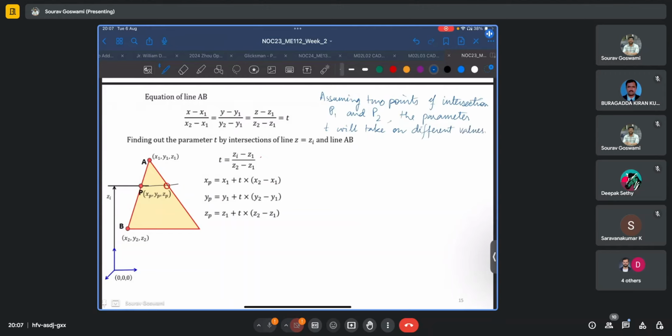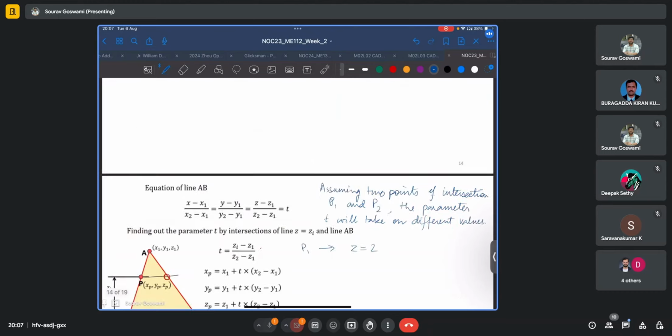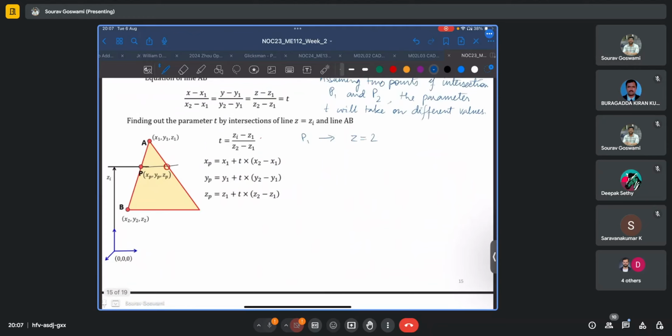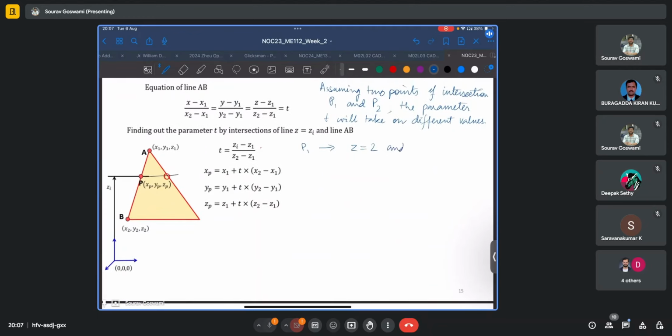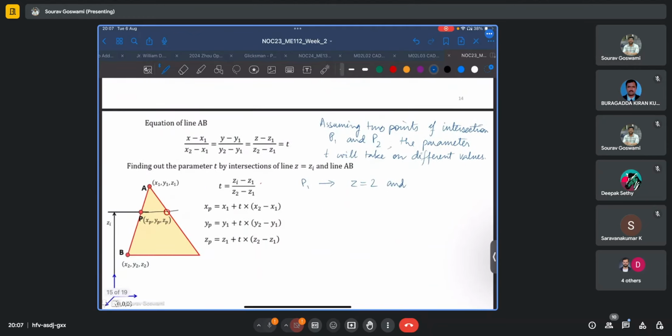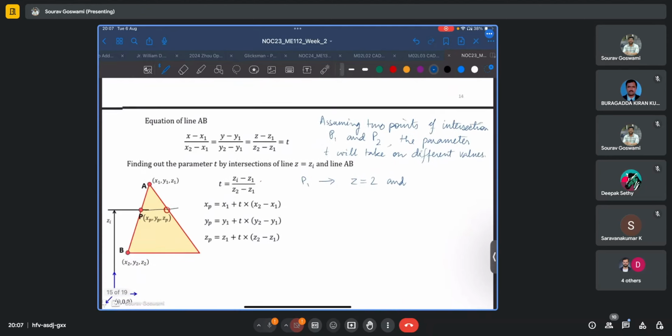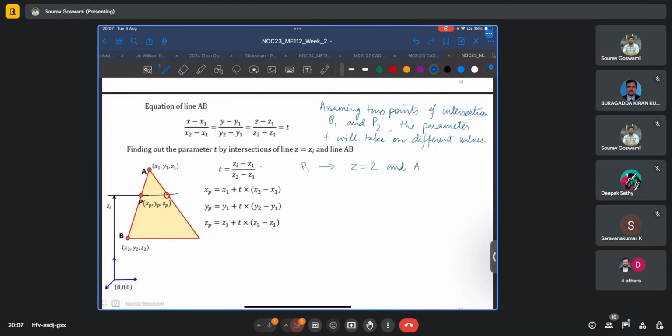So let us do it for the first case, where P1 is the point of intersection of z equals 2 and the line AB, where A has the coordinates x1, y1, z1, B has x2, y2, z2, and C will have x3, y3, and z3.